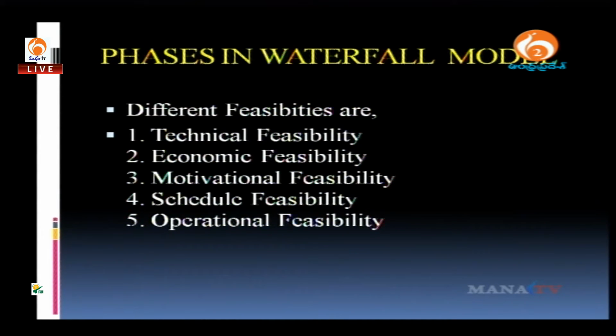Okay. In technical feasibility, the main points are the facility to produce outputs in a given time. The second is response time under certain conditions. Next is the ability to process a certain volume of transactions at a particular speed.